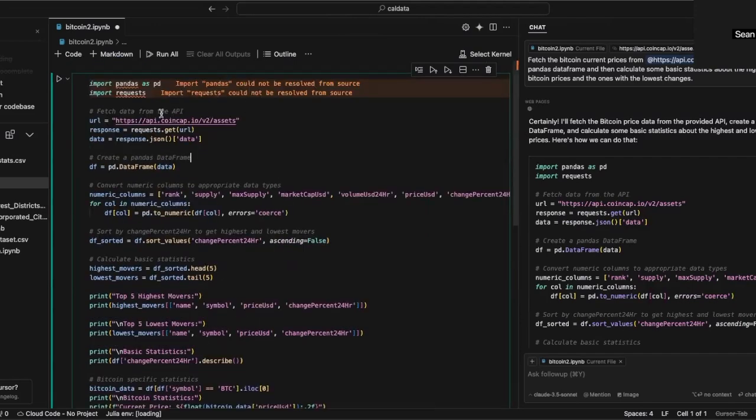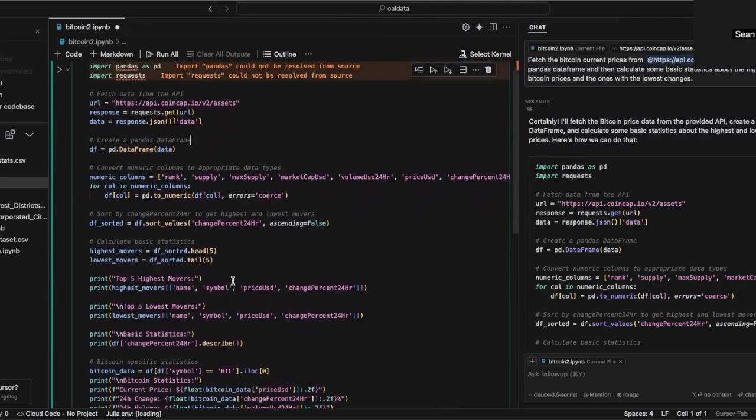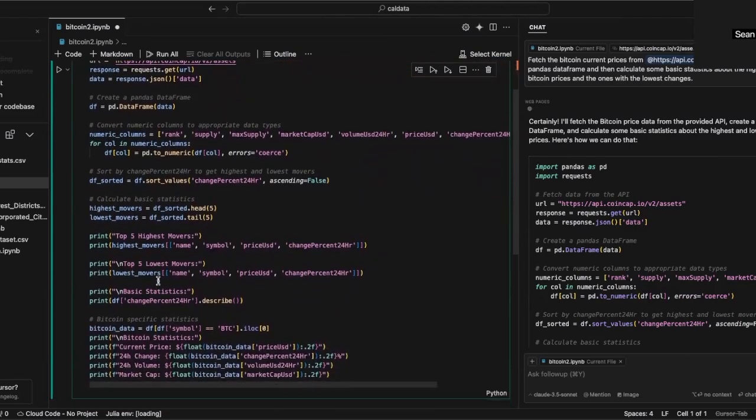It's saying to import some of these Python libraries, specifying the URL, doing a JSON fetch, and then putting the data into these columns. And it did a fetch of the data to look at what kind of data was coming back. And then it's going to show some basic statistics.